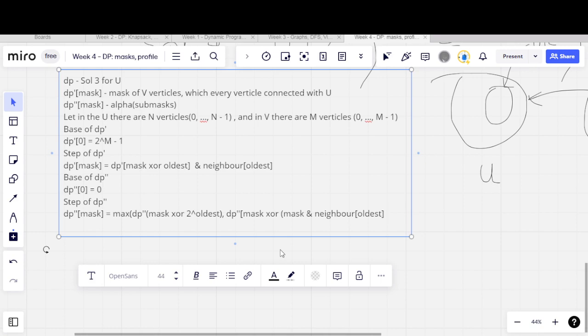So that's all, I think. Not all. I forgot to include this vertical to the pair mask.